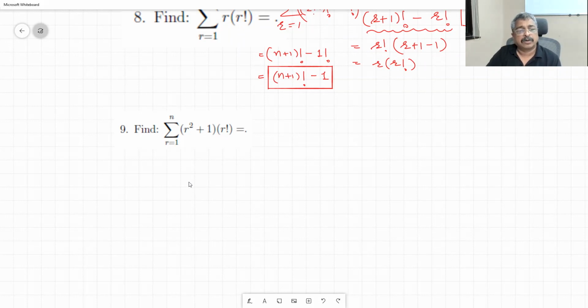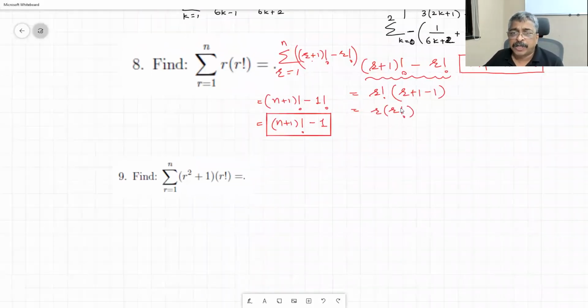Next is sigma r goes from 1 to n, (r square plus 1) into r factorial. Now, why was the earlier problem difficult?